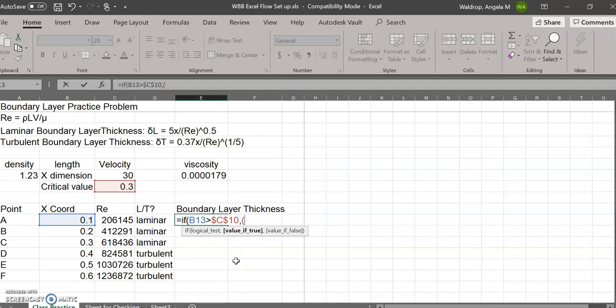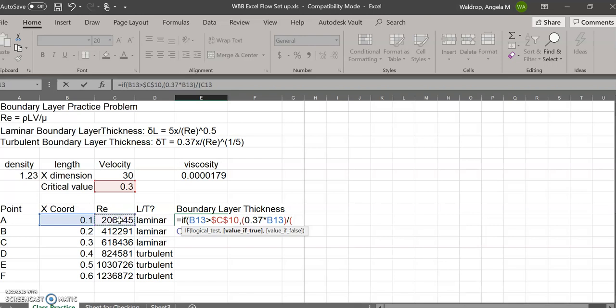So I'm going to put in some parentheses here. Okay, 0.37 times my length divided by my Reynolds number, except I chose the wrong value there.